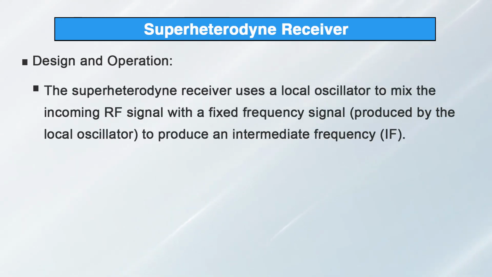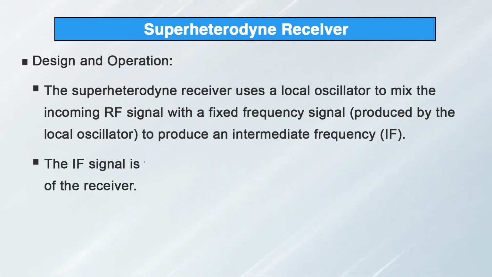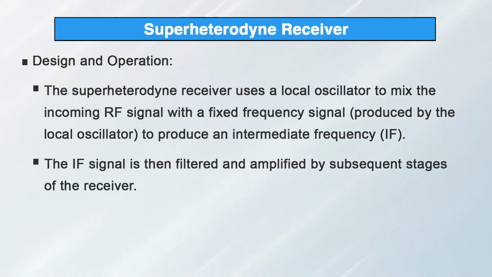The superheterodyne receiver uses a local oscillator to mix the RF signal with a fixed frequency signal produced by the local oscillator to produce an intermediate frequency, abbreviated as IF. The IF signal is then filtered and amplified by subsequent stages of the receiver.